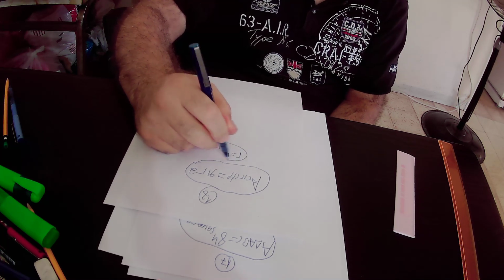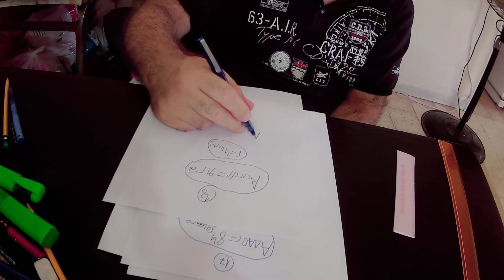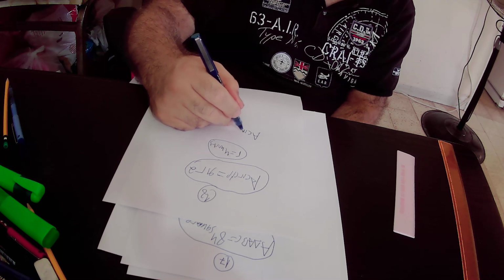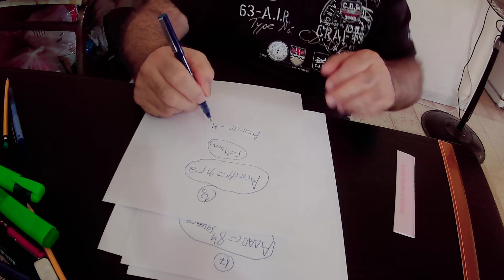So we will substitute r by 4 in this formula, and we will get that the area of the green circle equals pi times r squared.